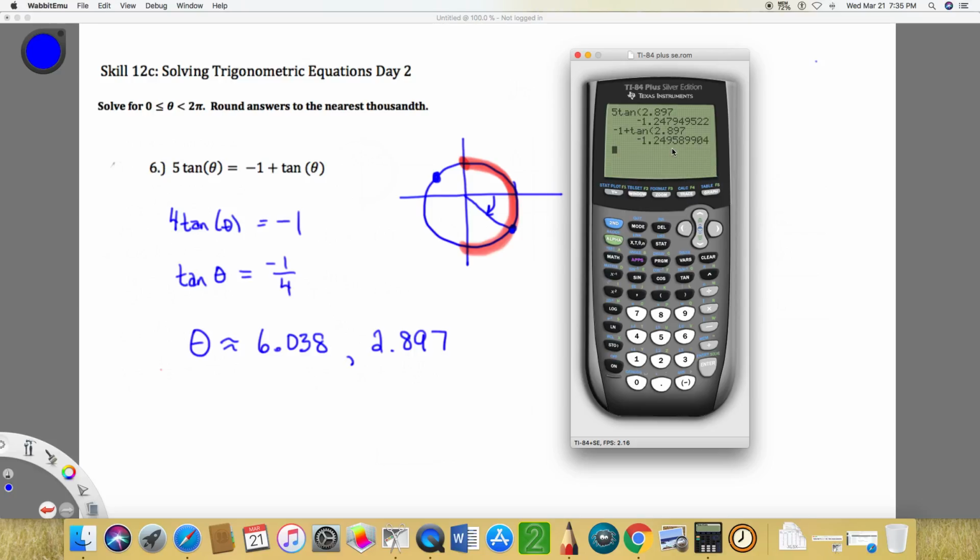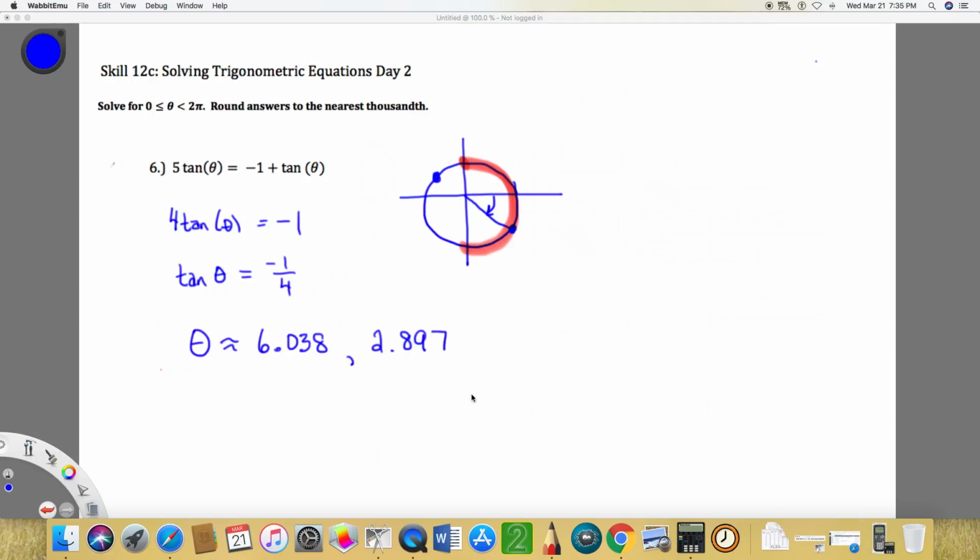And they're not exact, but they're -1.24, -1.24. But it's reasonable, especially with our rounding it just to the nearest thousandth. All right, so of the infinitely many solutions, I claim that these two are the ones that they were wanting.